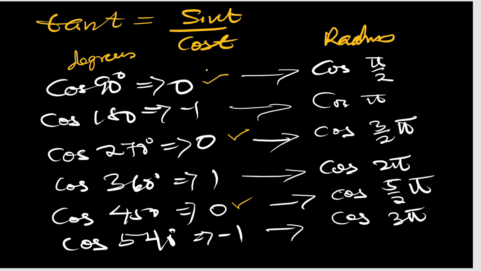Let's see whether we can build a pattern from the multiples of 90 degrees. Let's do that on the next screen. So we have 90. Let's assume this is 90 times 1, which is 90.